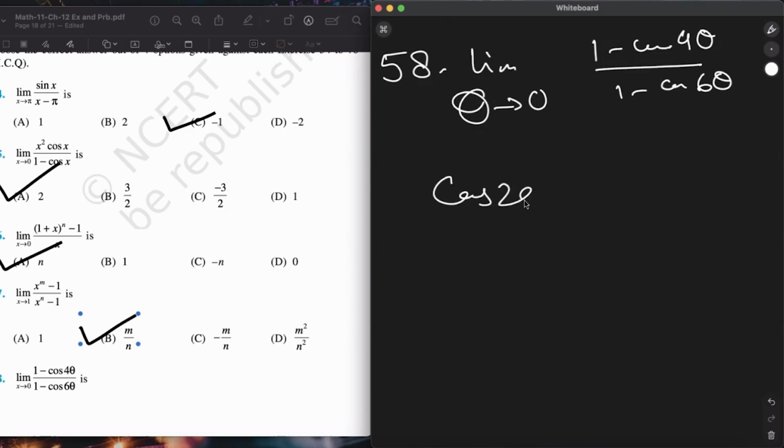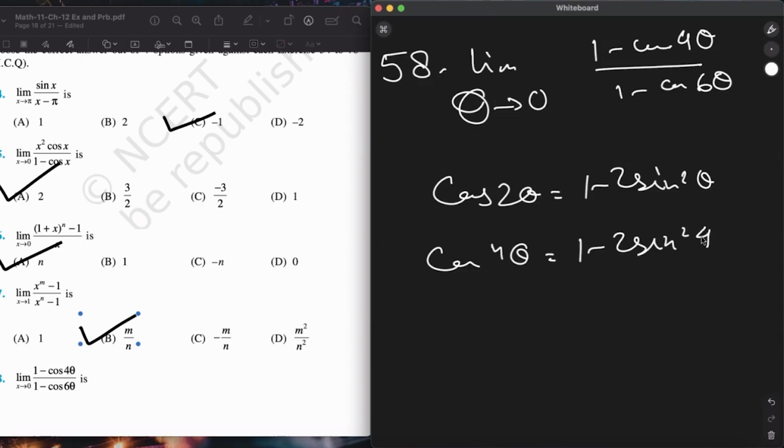We know the formula for cos 2 theta can be written as 1 minus 2 times sine square theta. So what will be for cos 4 theta? 1 minus 2 times sine square 2 theta. Then we can expand sine 2 theta further. Let's see what helps us in this situation. So I told you 1 minus cos 2 theta is simply 2 sine square theta. So just write it like that.